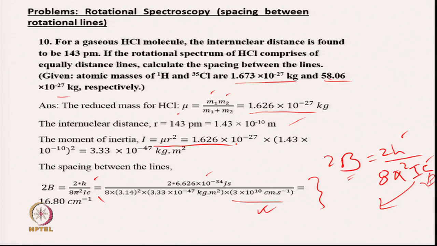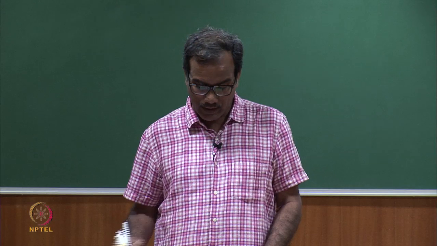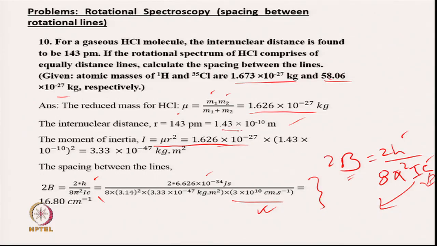The mu you have already calculated, and r is 1.43 into 10 to the power minus 10 meter, so your moment of inertia will be in kg meter square.